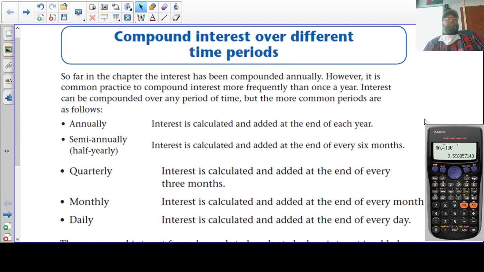Now in daily life, in reality, we don't have compound interest compounded yearly only. We have options of compounded monthly. That means if you work out your interest for the month, that interest gets added to the principal, and that becomes the principal of the next month.